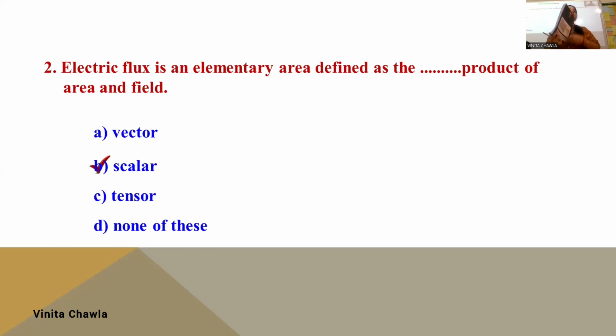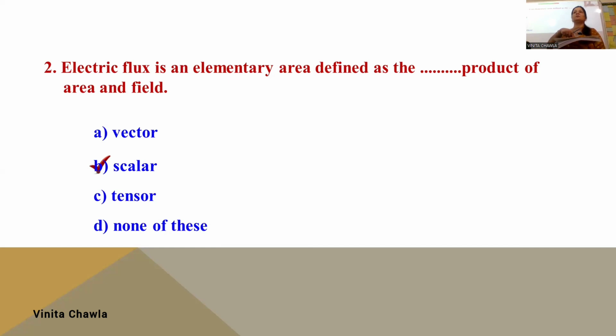And if we place a surface parallel to the electric field, with the electric field in this direction and the surface also like this, then what is the direction of area vector? It is always normal to the surface.